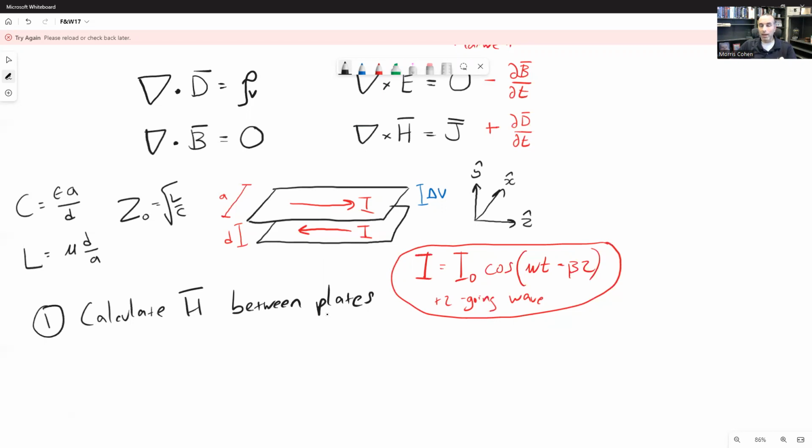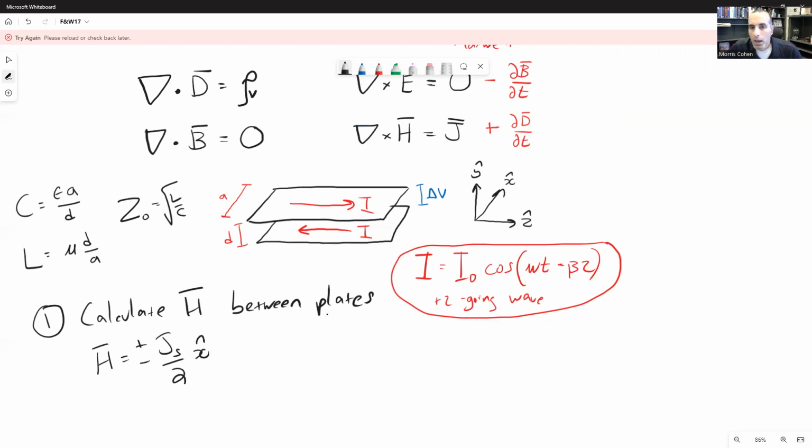In other words, in this diagram, if I just take one of these plates, the magnetic field generated by this current I is going to be in the x direction. Again, parallel to the plate, but perpendicular to the current. And the magnitude is going to work out to be the following. It's H equals plus or minus Js over 2, and in this case, it's going to be in the x direction.